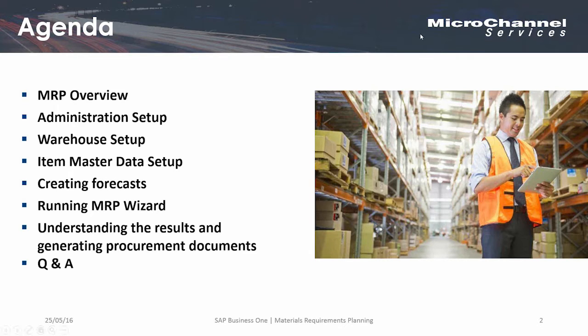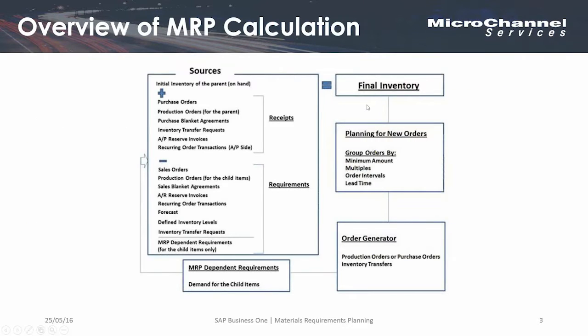So just going to quickly put up a visual of the same overview just mentioned. So you've got basically stock on hand, then you have receipts or future receipts based on purchase orders, open production orders, any blanket agreements, any stock transfer requests, and reserve invoices.